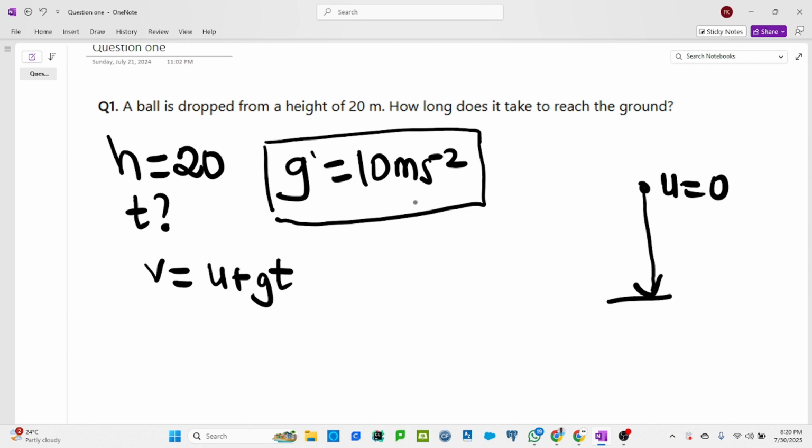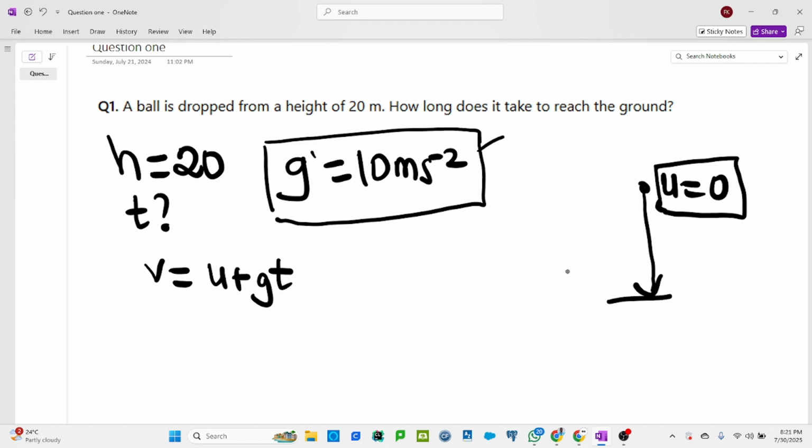Whenever you are just releasing something at a particular level to the floor, U is always zero. These are the hidden parameters that you need to extract before you start choosing your equations to solve. Okay, is that clear?